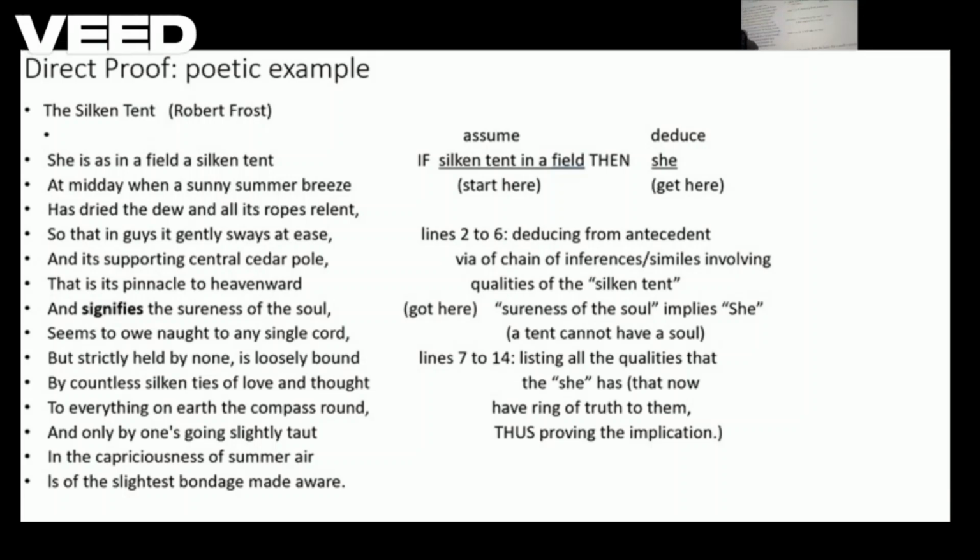Once he has expanded completely, he's now confident that this description of the tent resembles the she, and he has proved it. So in this case, if this is the antecedent, this is all of the conclusion that he needed to prove. Okay. All right. So this will be clear in a bit.